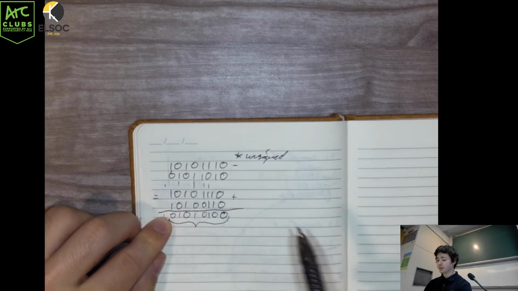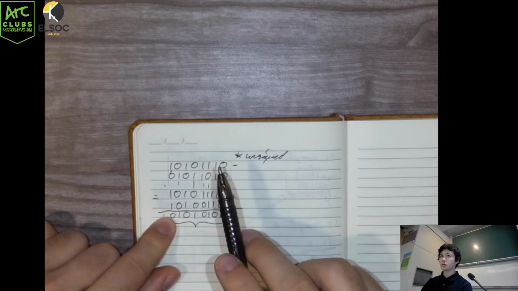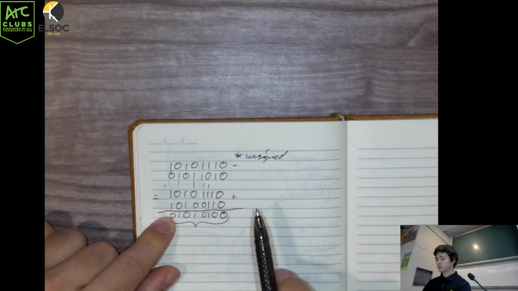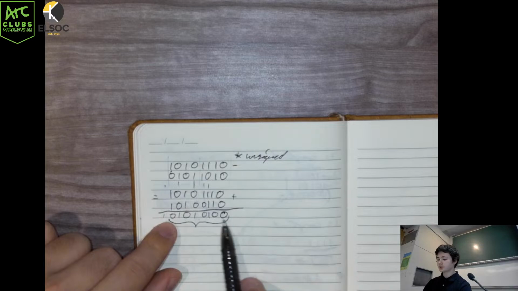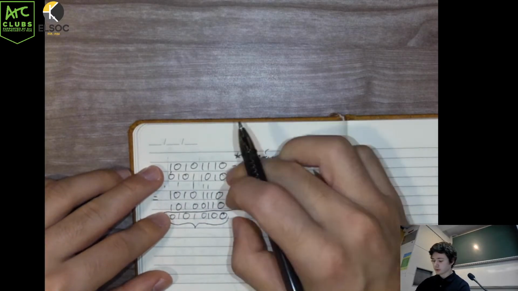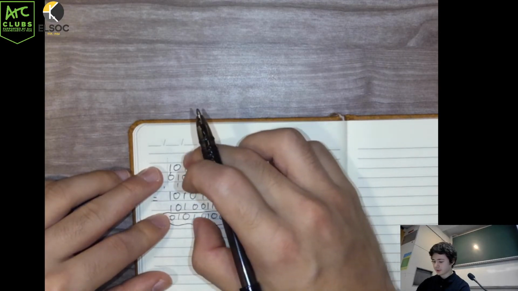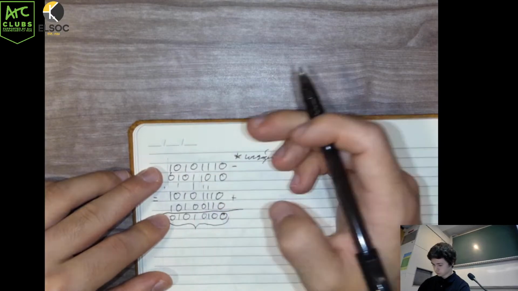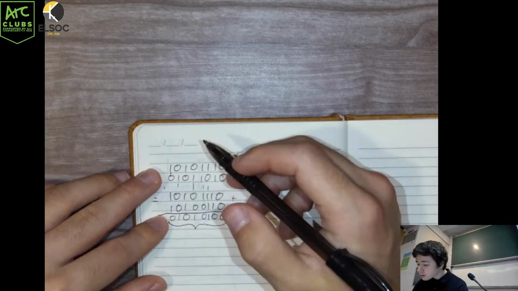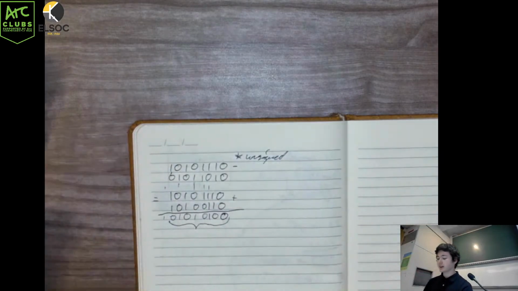I can double check my answer by adding what I subtracted to this result to get my initial value. And so, to double check, 1, fantastic, 1, fantastic, 0, fantastic, 1, and it moves forwards, and it's fantastic.